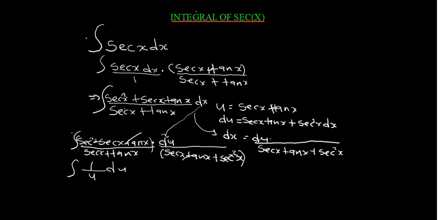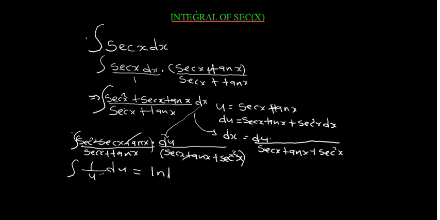Since u matches the du, the integral of this will be the natural log of modulus u. You know, integrating 1 over x gives you natural log of x, like that.